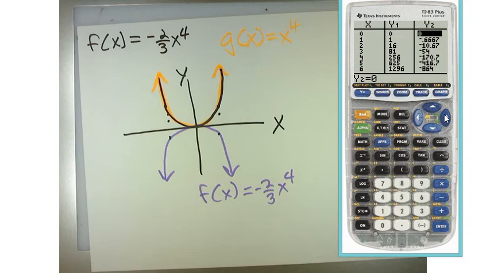This is the second function, negative 2/3 times x to the 4th. And what you'll see here is 2/3 of 81 is 54, and then we have the negative of it. You guys see that? Just like 2/3 of 16 is 10.67, and then you take the negative of it. Okay? And so that's all we're doing is trying to do that graphically.